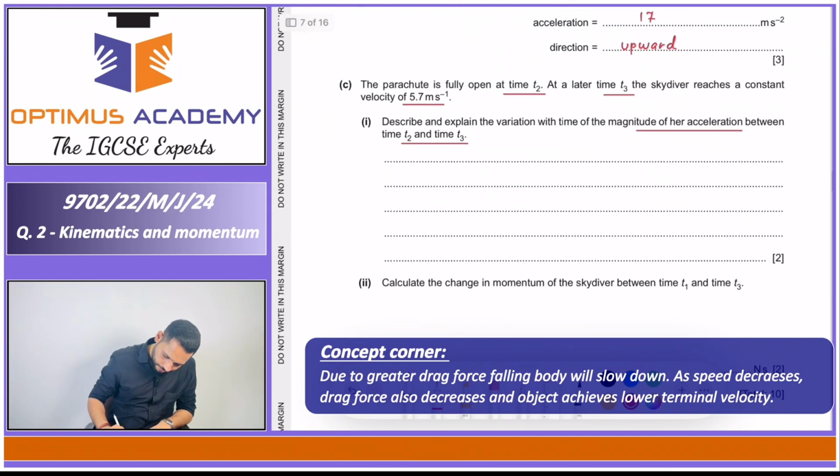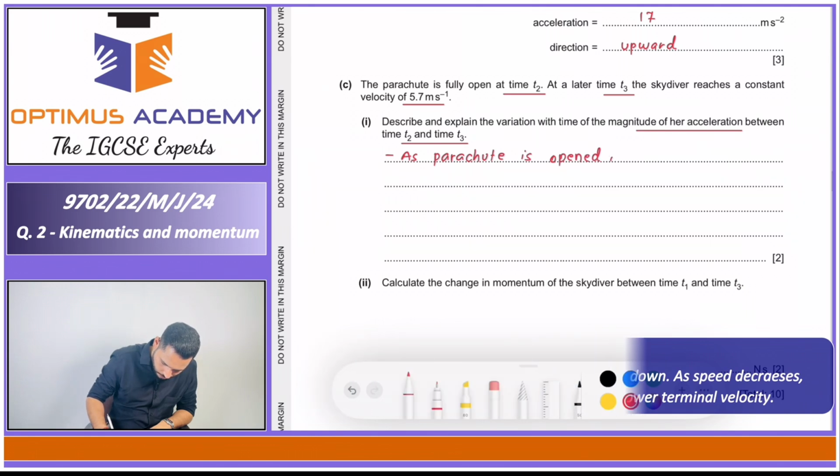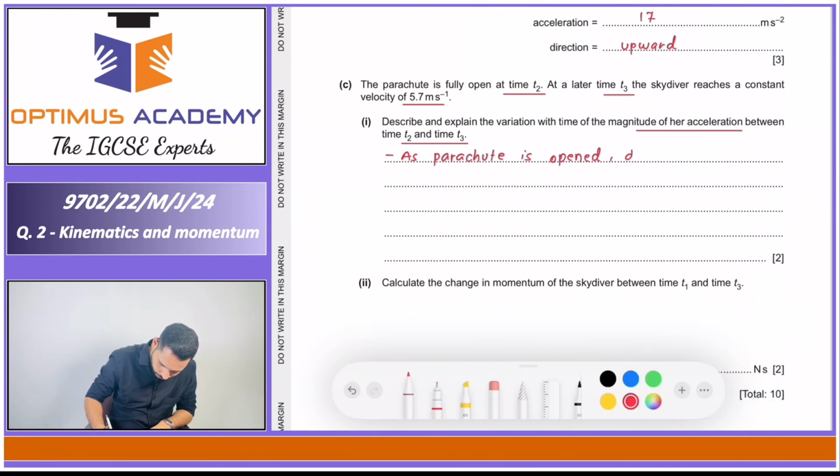So we can write: as parachute is opened, drag force increases, speed of the diver decreases.